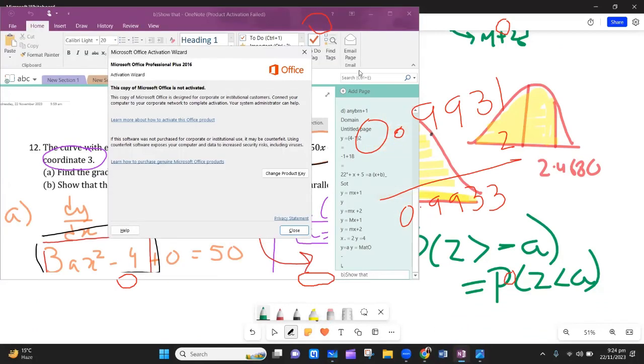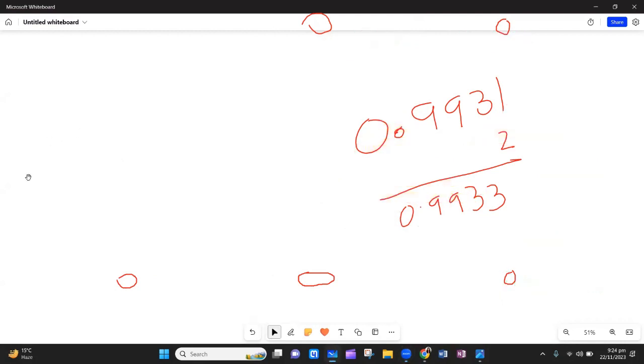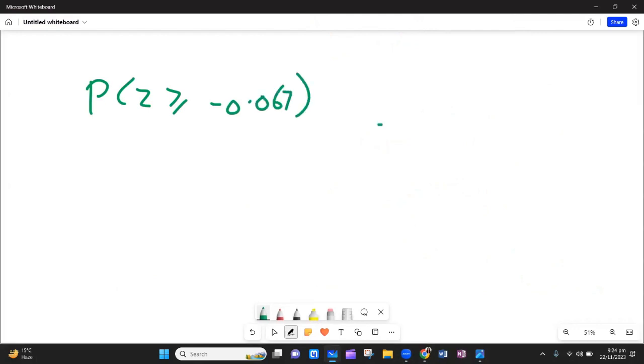Okay. Next is probability z is greater than or equal to negative 0.067. I think it's the same as the previous question.